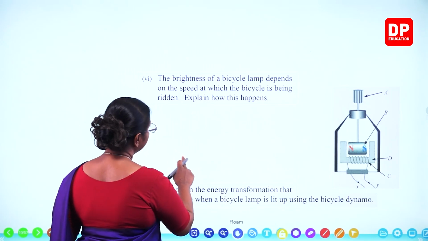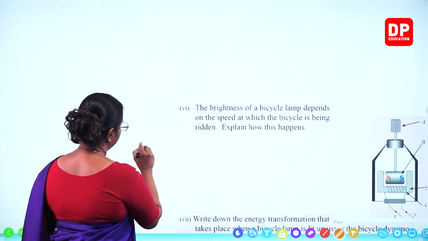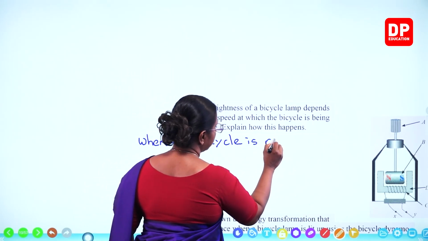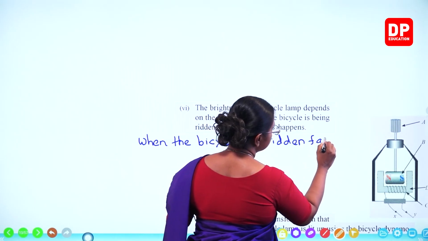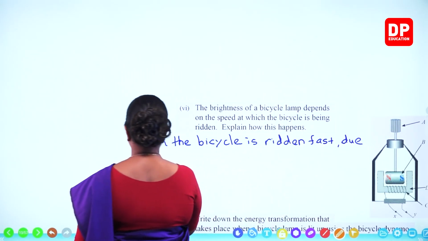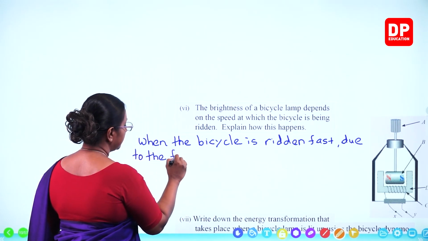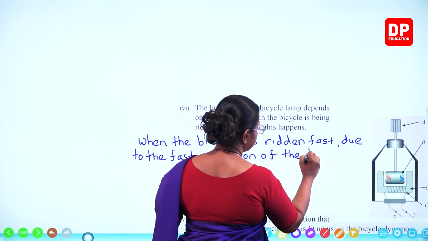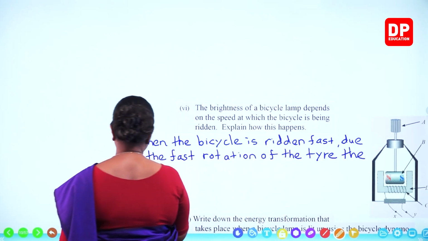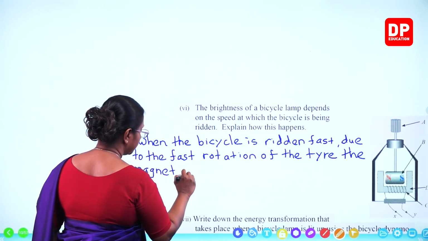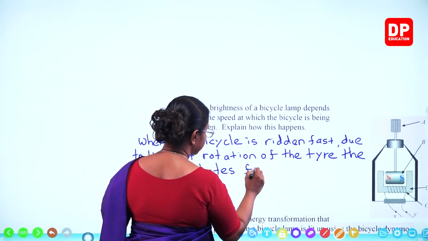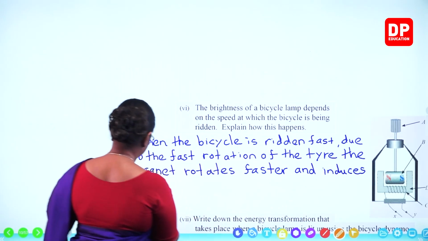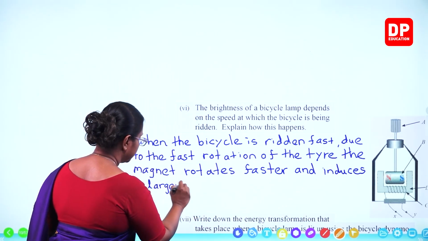So there you can say, when the bicycle is ridden fast, due to the fast rotation of the tire, the magnet rotates faster and induces a larger current.